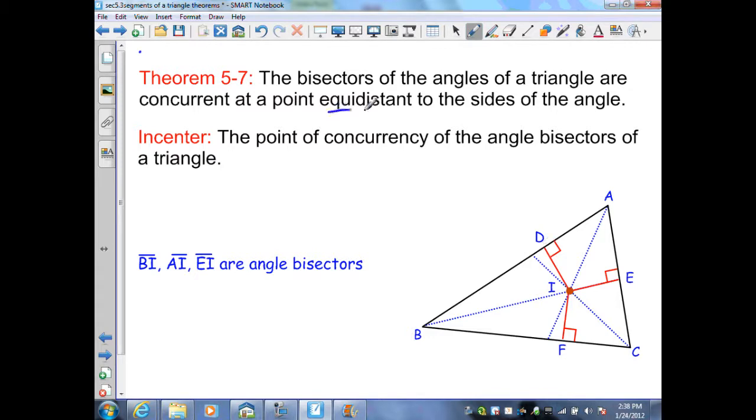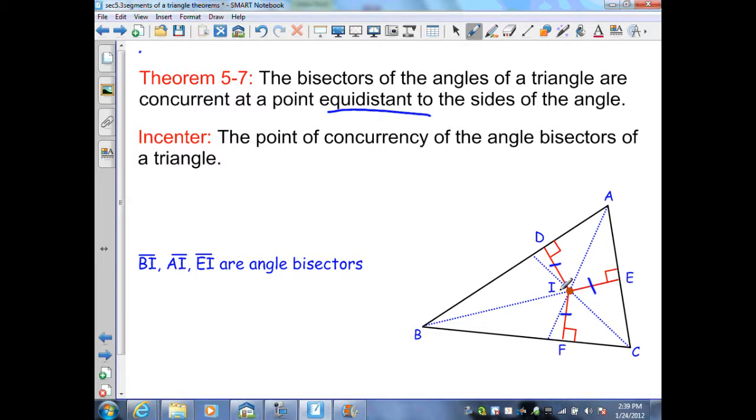By the definition of equidistant, that means that these segments are congruent. And by the definition of equidistant, it means a segment from the point to the line that is perpendicular from the point to the line. So the incenter is the point of concurrency, but every segment from that point must be perpendicular to the sides of the triangle.